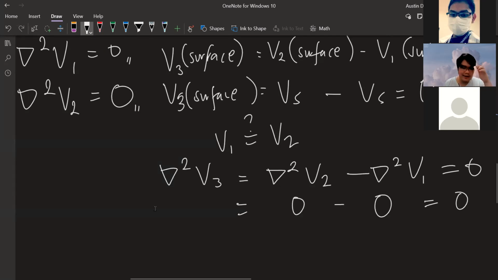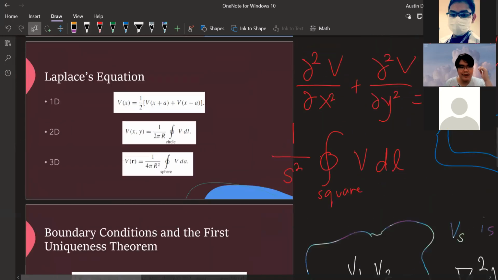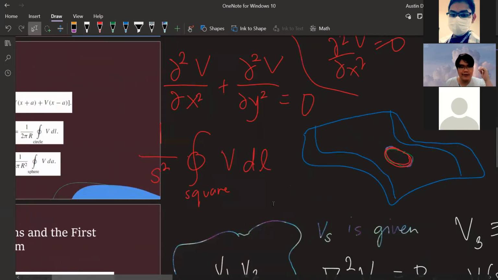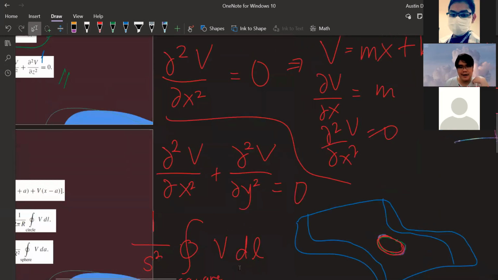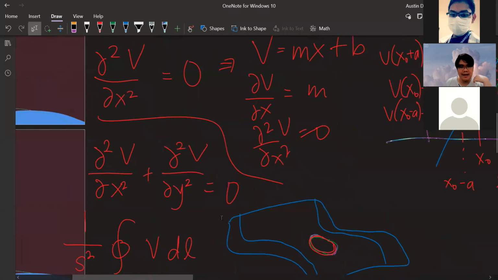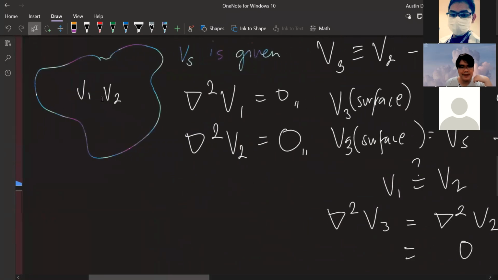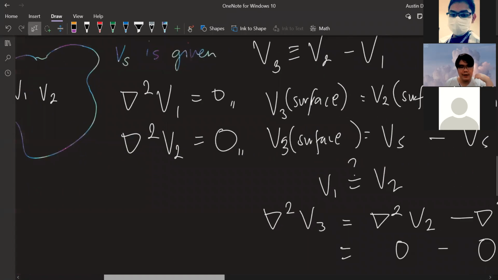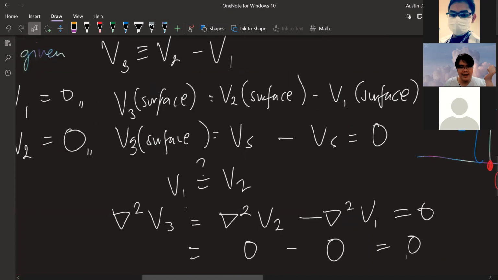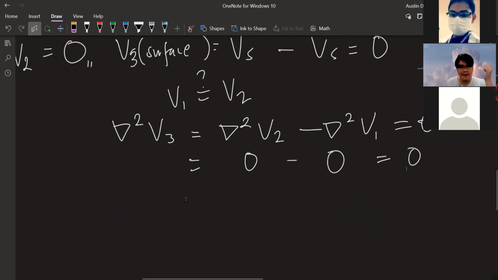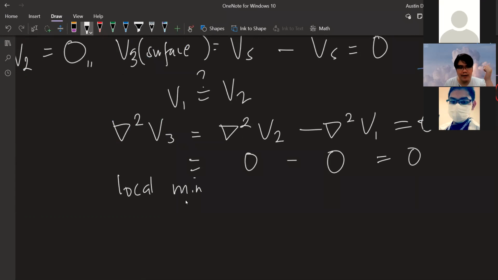So we have this. Okay? And whenever we have a Laplacian, anong nangyari? Anong nasabi natin with our equations? Nalaman natin na pag walang charge along that volume, along that boundaries, along this region, walang potential, walang charges diyan. Yung local minimum mo and local maxima is at boundary.